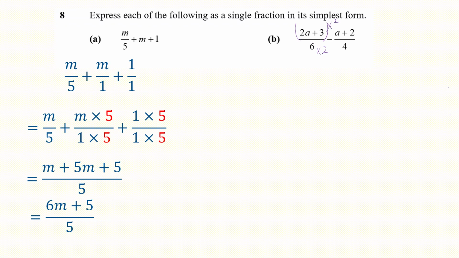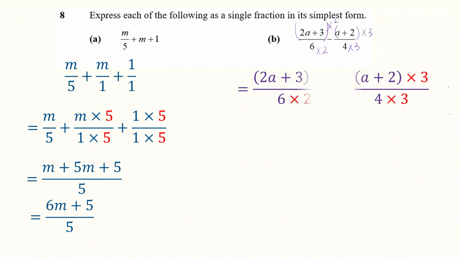Likewise, bracket the a plus 2. To get 12, I need to take 4 times 3 at the denominator, so at the numerator, I need to multiply with 3 as well. Bracket 2a plus 3 bracket times 2 is the same as 2 times bracket 2a plus 3, the equivalent.